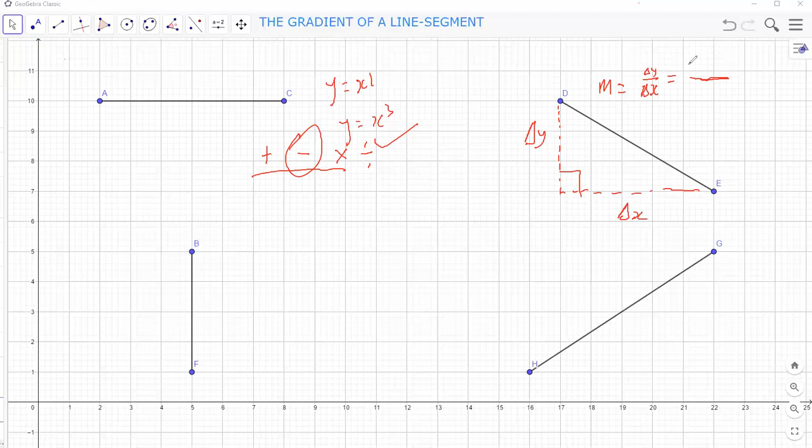So that means here we are saying between point D and E, the gradient should be the change in what happens vertically, divided by, since I said it's a ratio, what happens horizontally. You'll remember when I introduced the distance formula, I said it's very important to note that when you start with a D, you also start with a D on the other side.